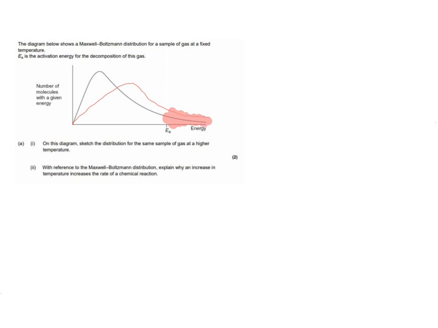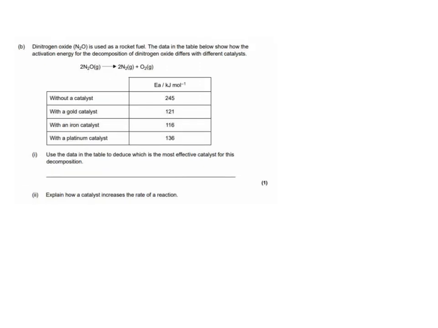That area to the right underneath the graph, which gives us the total number of particles with energy greater than the activation energy, has increased, and therefore there are more likely to be successful collisions.